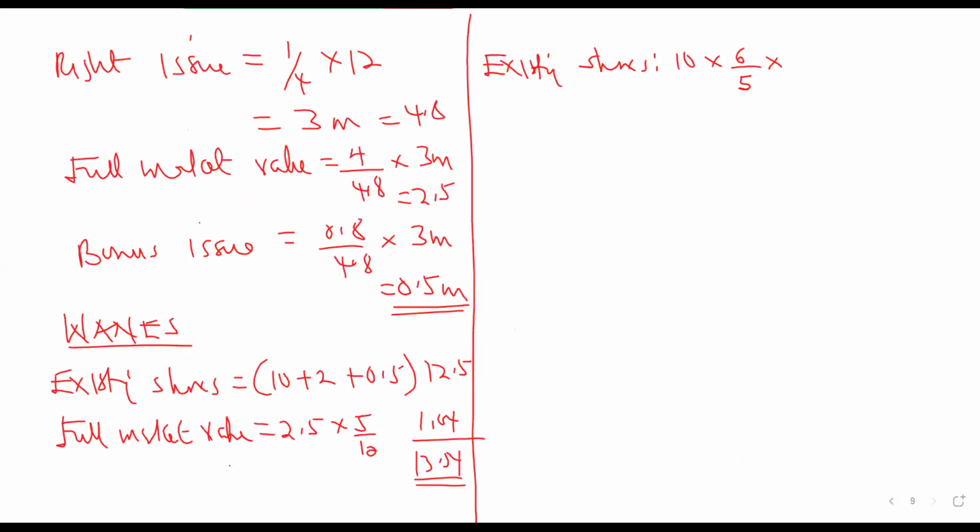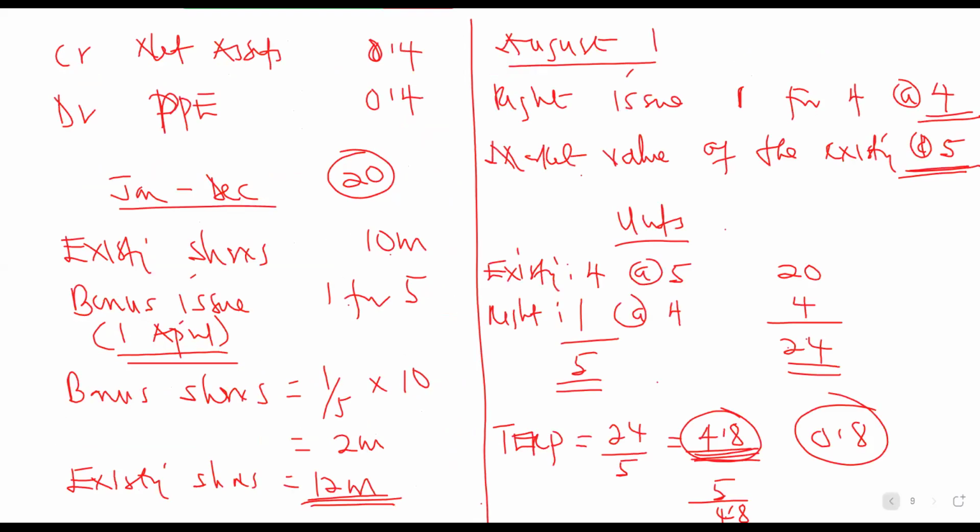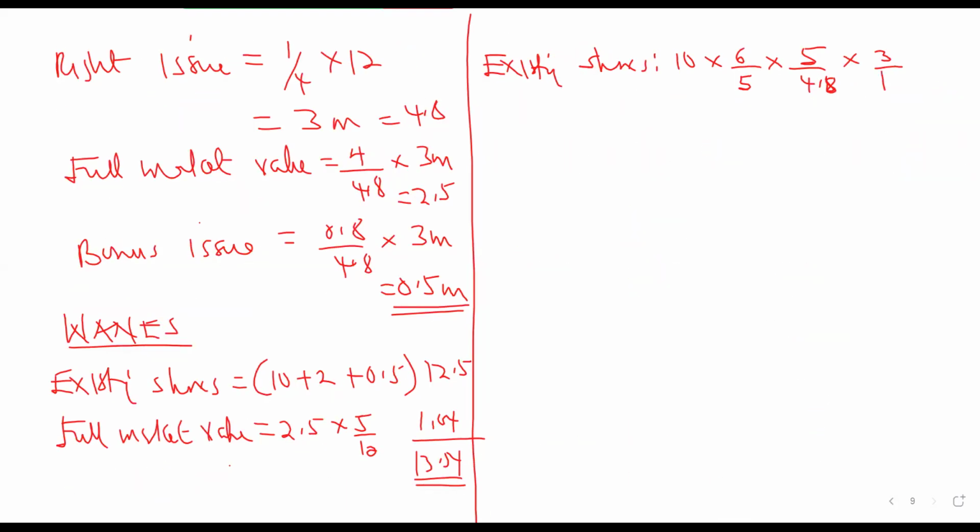So the bonus issue on the right issue also affects the existing shares. So that will be 5/4.8, multiplied by, first, 4/1. Oh, it's 1st April. That will be 3/12, 1st April.